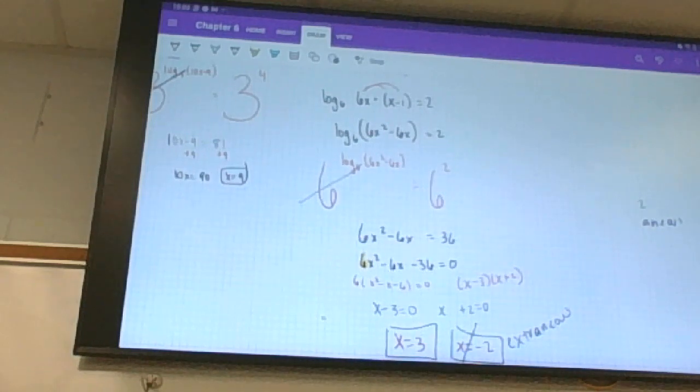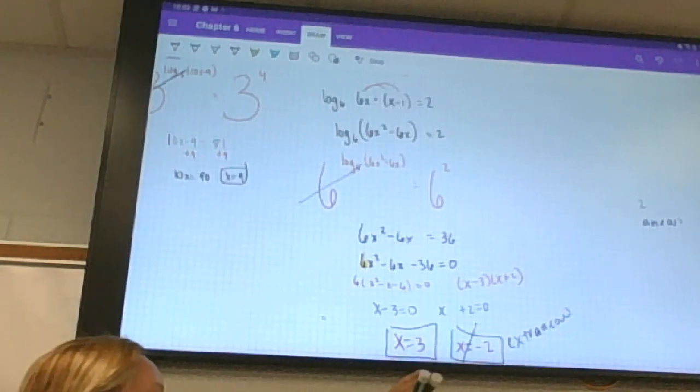But guys, there's a rule. The whole reason I showed you this example is you wrote a definition on day 1 of log that said y must be positive. So if you end up with an answer that gets plugged in and creates a negative log, you reject it. We got two answers here, 3 and -2.